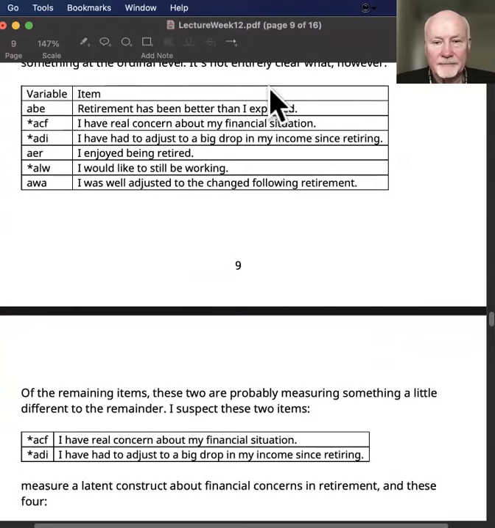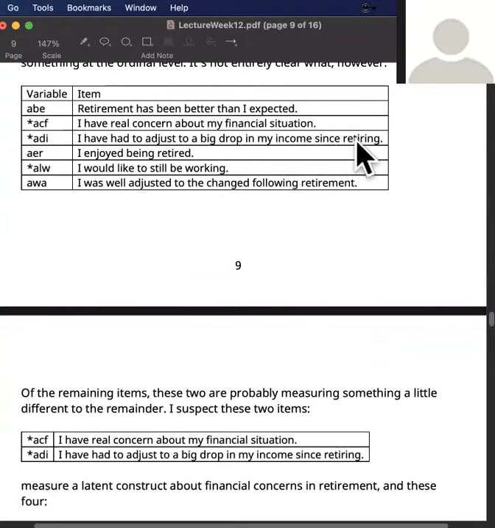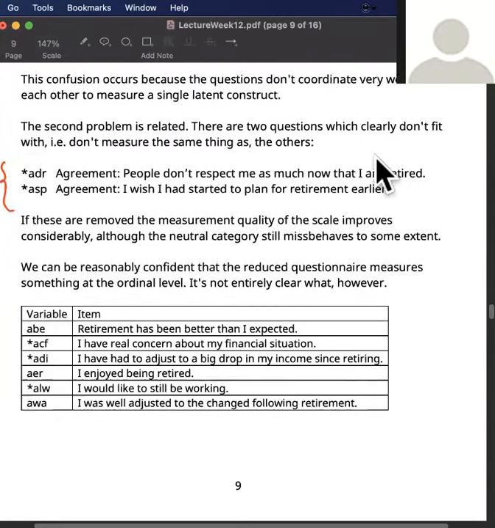Yes, Sarah? When you say you're testing latent constructs and you do repeated tests, how many times would you do the test to remove the noise in the data? Well, it depends how good your initial set of questions are and how many you can get away with asking people.